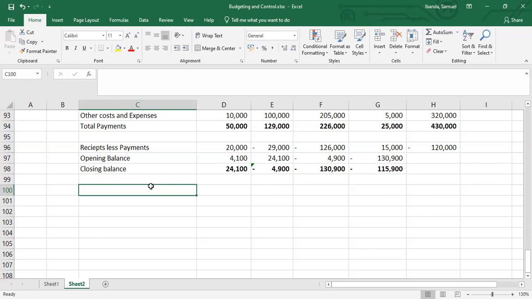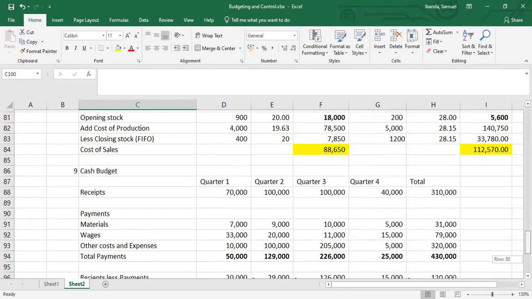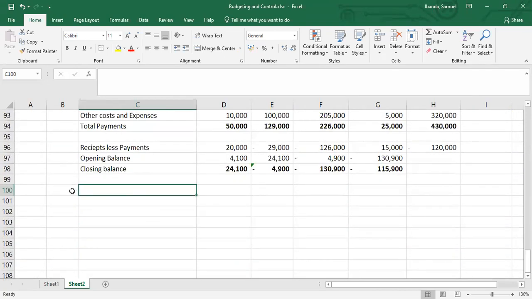So the next part of the question was asking us to determine a budgeted profit and loss, and then a balance sheet. I'll call this part 10 of the question.